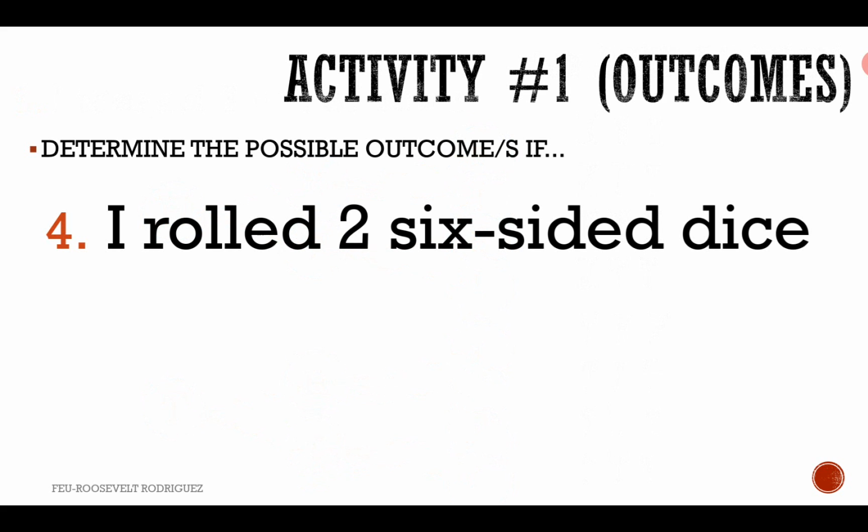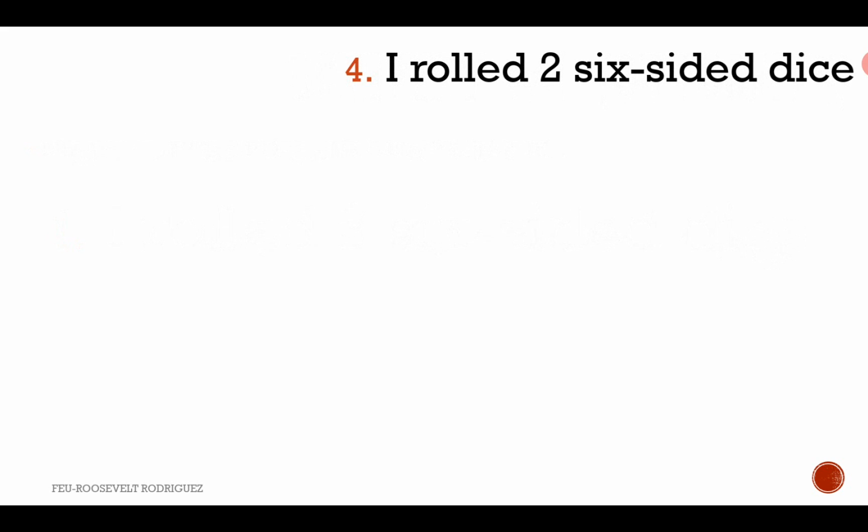Okay? And then the rest will follow. So if we want to construct or provide the possible outcomes for this given problem, we will do the same thing lang. Right? Our first task is to write all of our first outcome. So yun ay 1 to 6. And then individually, since gusto natin siguro gumamit ng tree diagram, ilalagay natin yung outcomes nung pangalawang dice natin sa mga naunang outcomes natin.